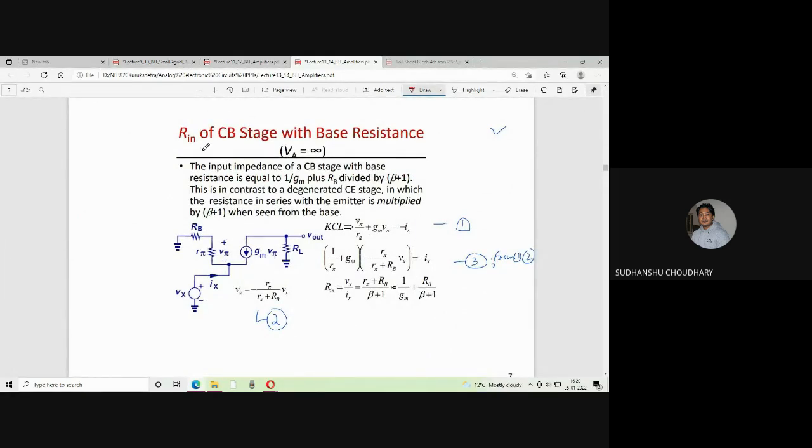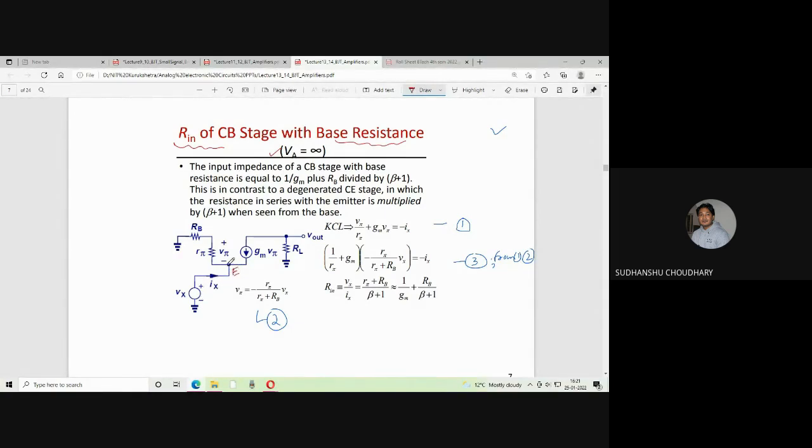Now one can also find the input impedance with base resistance, assuming VA is infinite. So far we have only calculated input impedance without the base resistance. So the input impedance can be calculated with base resistance. One can apply KCL here: the input impedance is measured at the emitter side by connecting a voltage source and measuring the change in the current.